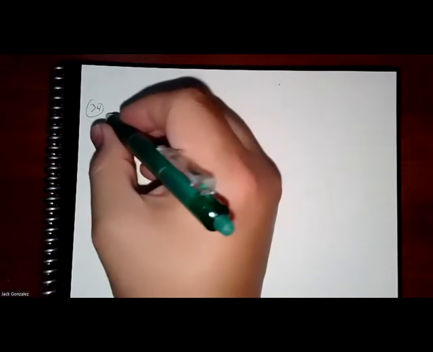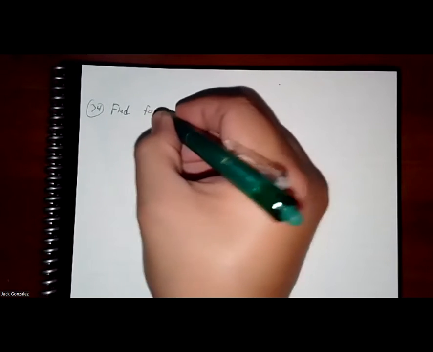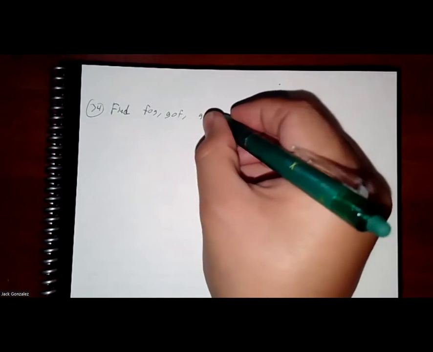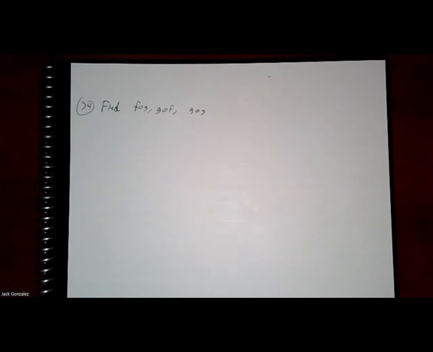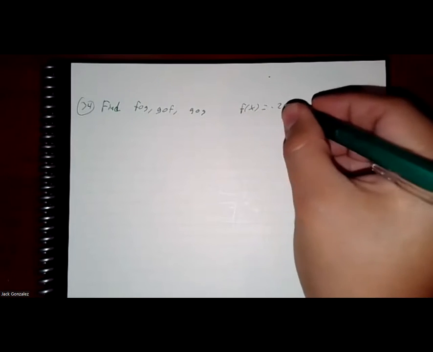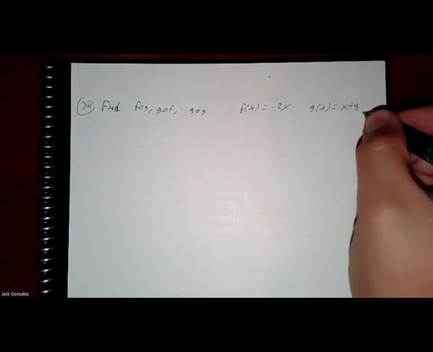All right, 34 is composite functions. So the last two questions are about functions. He wants us to find f of g, g of f, and g of g, given that f of x is equal to negative 2x and g of x is equal to x plus 9.